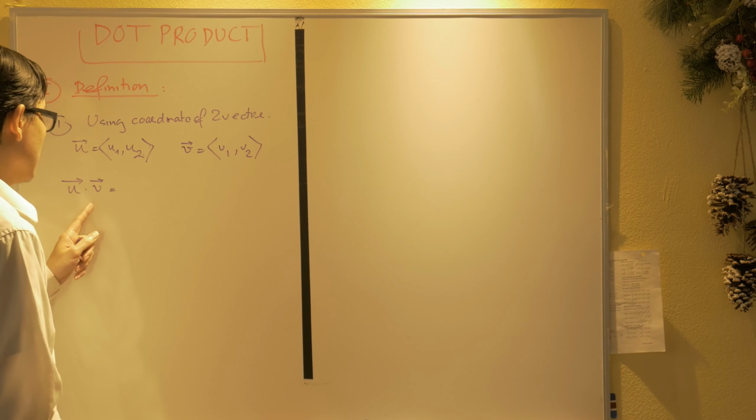In order to get the dot product between vector u and vector v, you use the coordinates of vector u and vector v. This gives you u1 v1 plus u2 v2. See, u1 v1 plus u2 v2 is actually a number, right? When you multiply and add, it gives you a number.